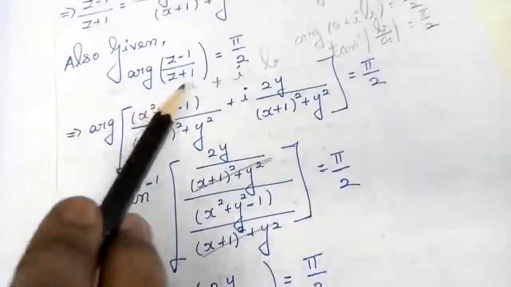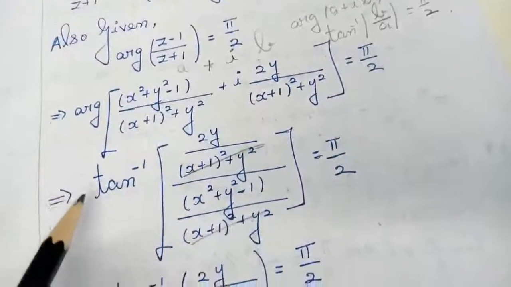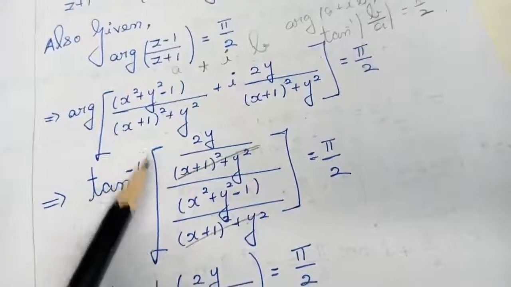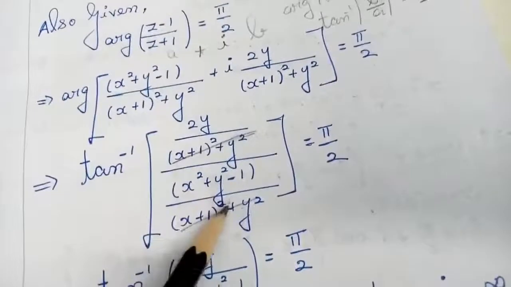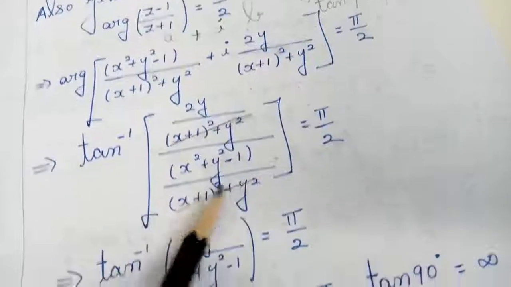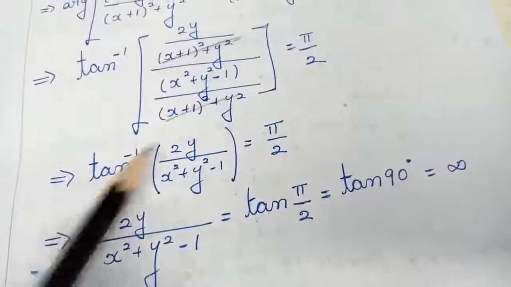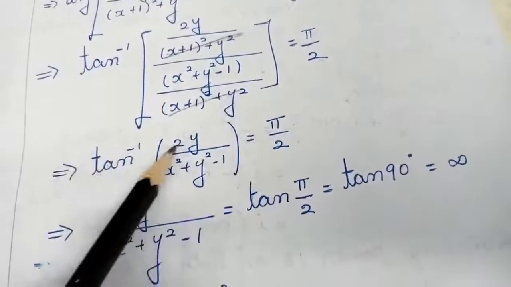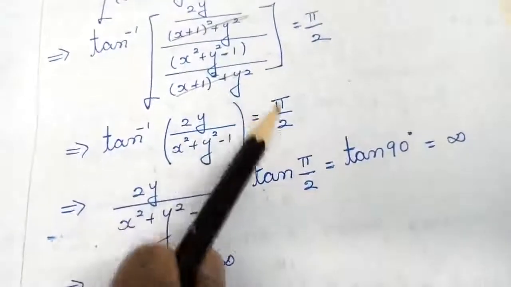This is the real part, students, plus the imaginary part. The argument is converted to tan inverse of modulus of imaginary part divided by real part. The denominator value will get cancelled, so the remaining I get is tan inverse of 2y divided by (x square plus y square minus 1) equal to pi by 2.